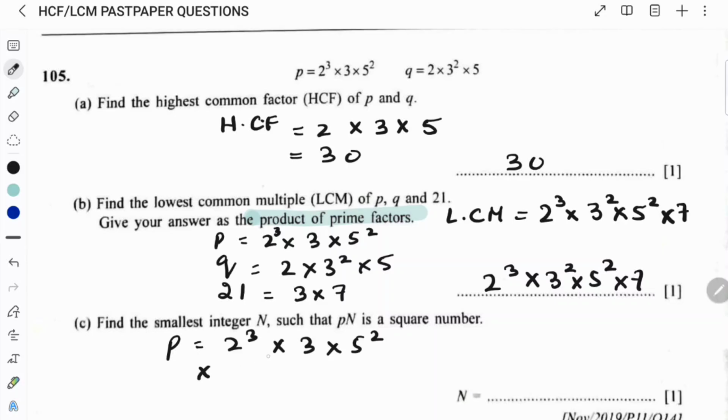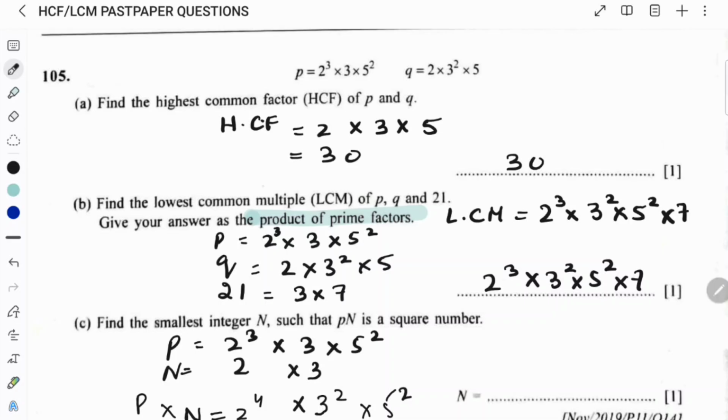So we multiply this by n, where 2 cube will multiply with 2 to get 2 to the power 4, and 3 will multiply by 3 to get 3 square, and 5 square itself is a square number.